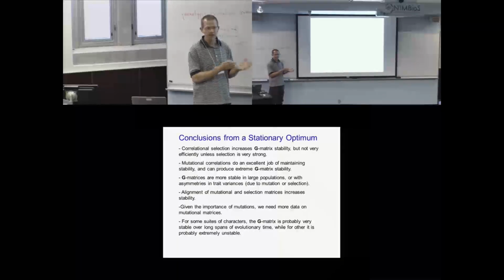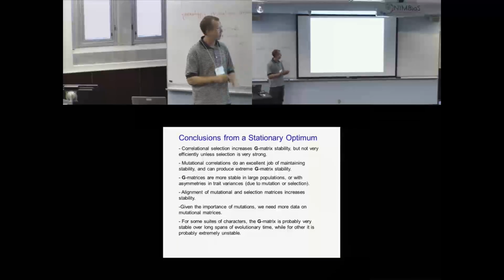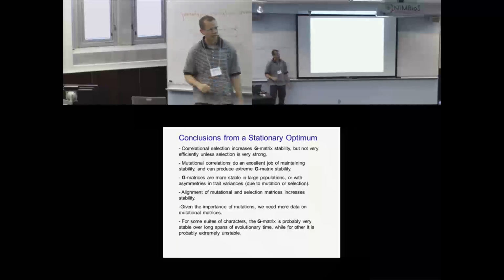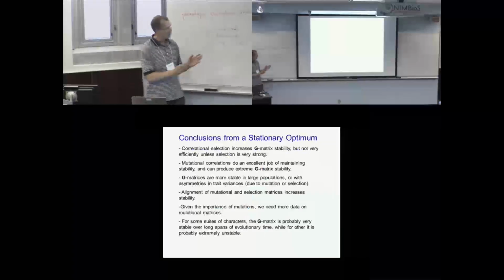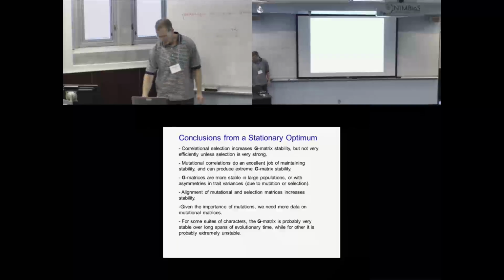So different types of characters, depending on whether they're functionally related or developmentally related, are going to have the most stable G matrices, and those that are more independent from a morphological or developmental standpoint are probably going to have the less stable ones. But like I said, if you see a very strong genetic correlation, those are the kinds of things that, based on our models at least, would persist for a long time over evolutionary time.